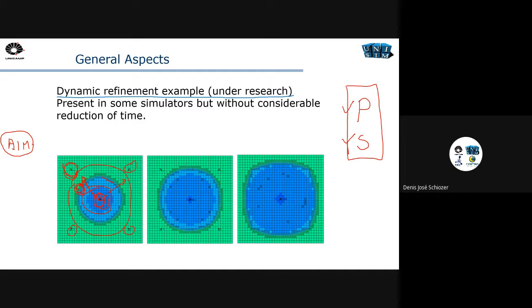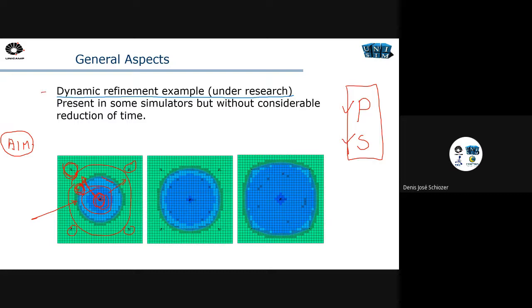Because they were taking too much time asking if the region was important to move, changing the grid, changing grid properties, and so on. So normally the computational time using this option was almost the same as simulating everything refined like this one. So the option was working, but we were not saving too much time with it, okay?